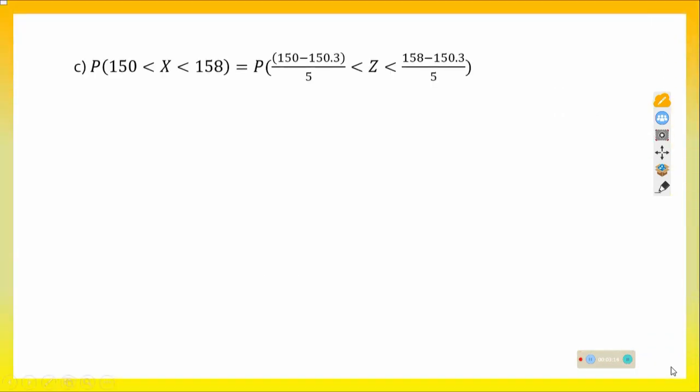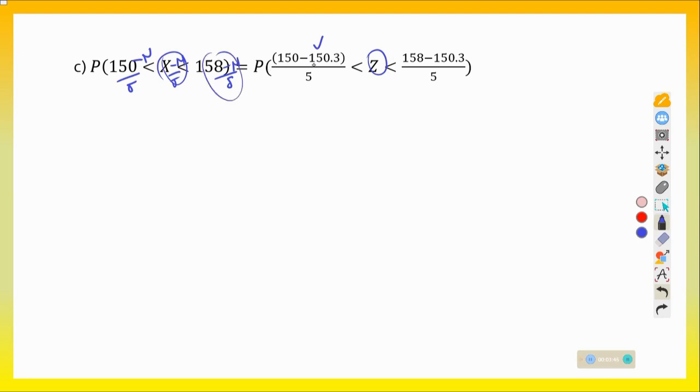Then the next, we need the probability of 150 less than x less than 158. So we shall do the same, standardize first by subtracting mu and dividing by standard deviation. So x minus mu divided by standard deviation will be z.